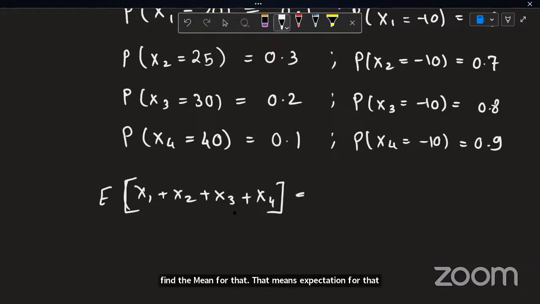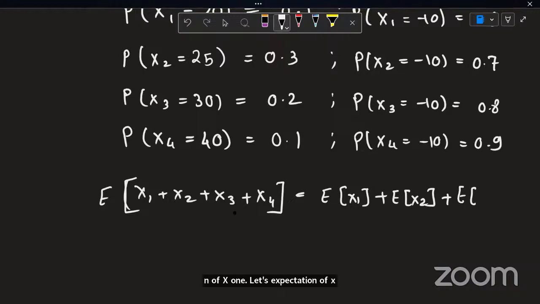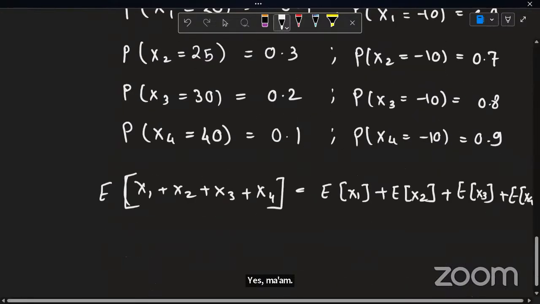And you know that the expectation for this is nothing but the expectation of X1 plus the expectation of X2 plus the expectation of X3. How will you calculate the expectation of X1? Ma'am, summation of Xi into Pi.